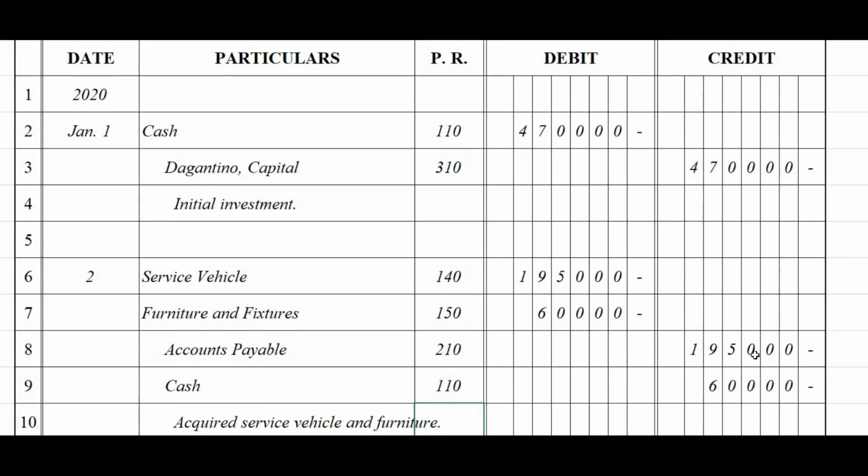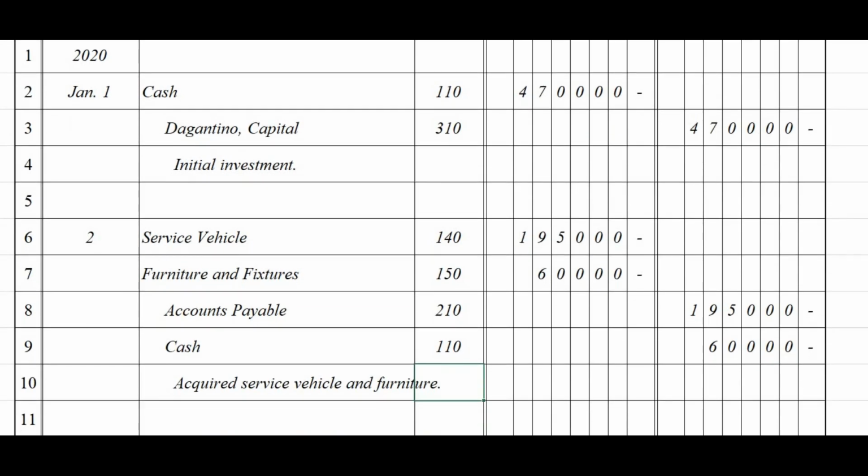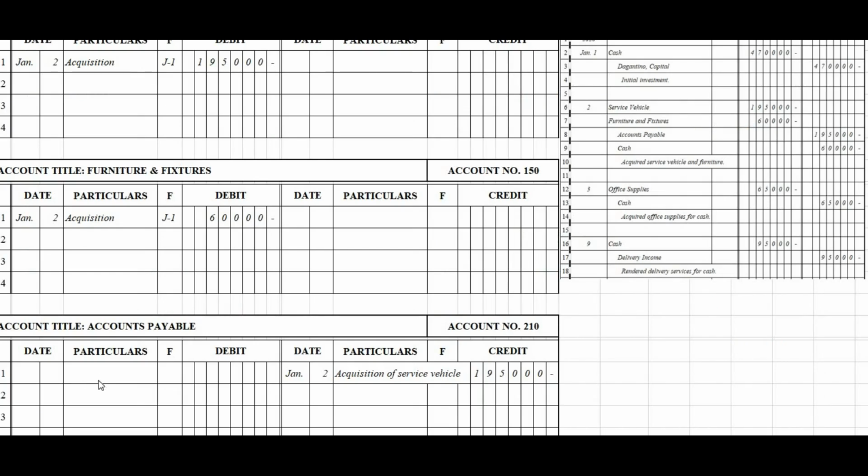So that's how you fill in your posting reference in your general journal. So going back to the general ledger, I have already posted the last account for the January 2 transaction. So, yung sa accounts payable, yan, 195,000.